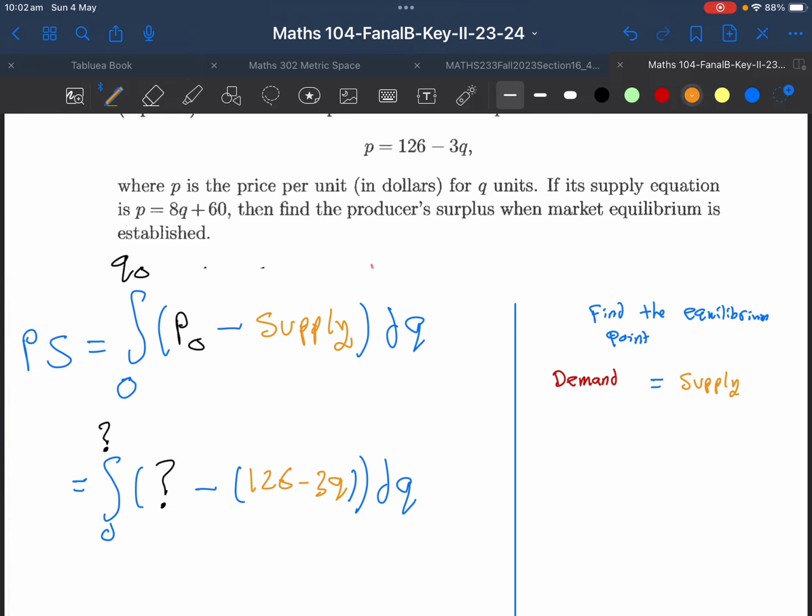Now, what is the supply? The supply is 8Q plus 60. What is the demand? It is 126 minus 3Q. Of course, you can notice that I made a mistake here. I wrote the demand. I should write the supply, which is 8Q plus 60.